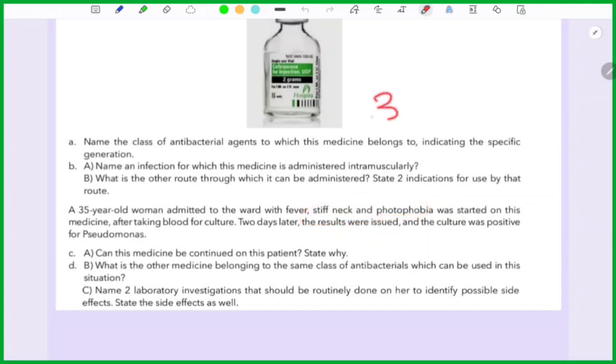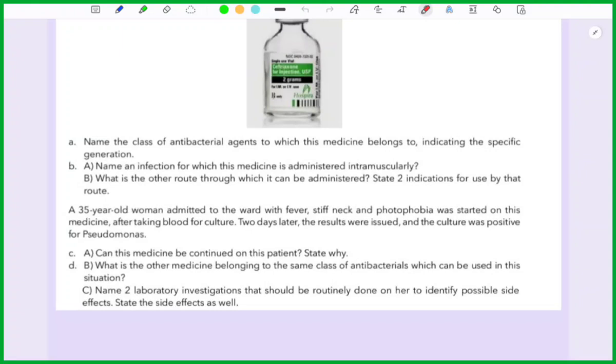Normally, third generation cephalosporins, including ceftriaxone, are very well effective for meningitis, to be specific, bacterial meningitis. But for Pseudomonas, ceftriaxone is not effective. Pseudomonas is resistant to many antibacterial agents.